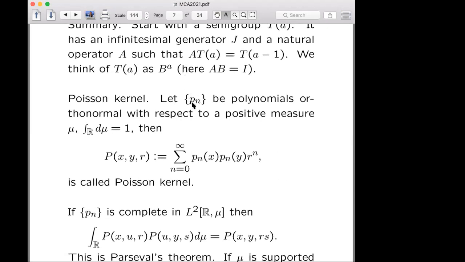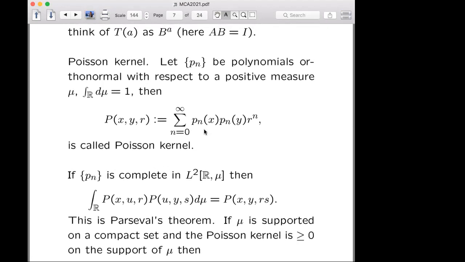So if I have a set of orthonormal polynomials, the measure is normalized, total mass 1, then I look at this bilateral generating function. So it's linear in Pn of x, linear in Pn of y, and bilinear in the product. So this is the Poisson kernel.